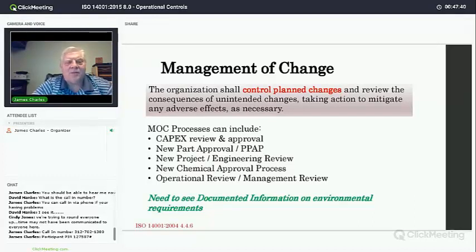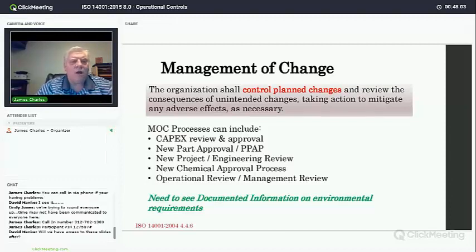Management of change. There is not a specific element for management of change, and in looking for the research for this presentation, there was some discussion within the ISO people: should we have a separate element for management of change? And they decided they would put management of change in the elements where it belongs.